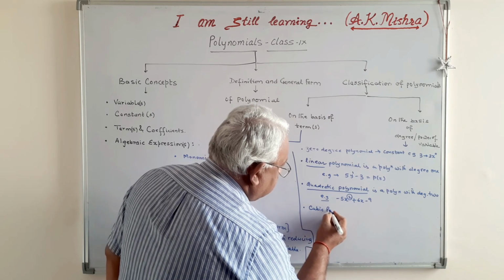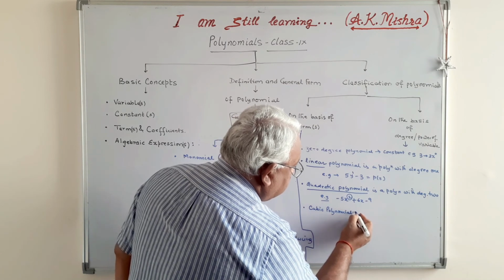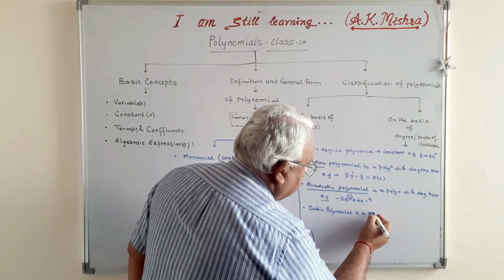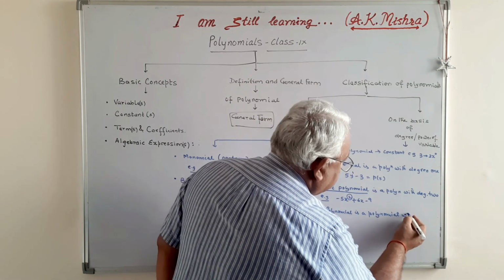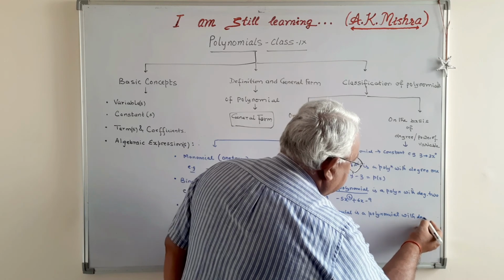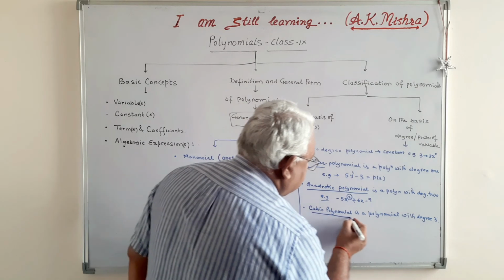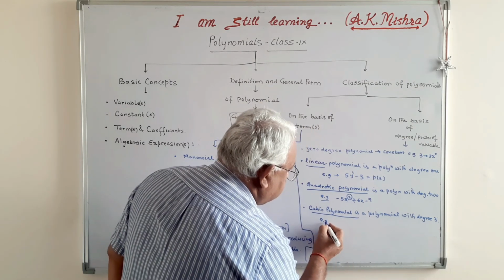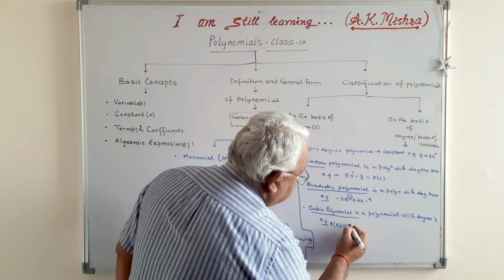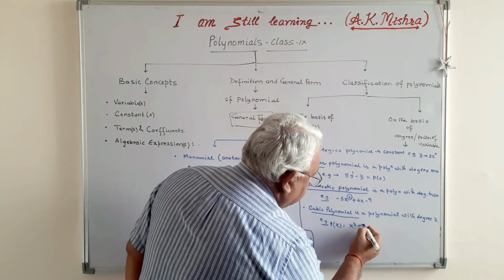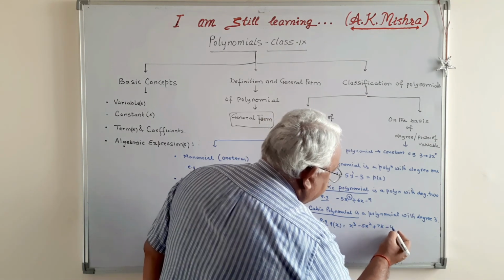Then comes cubic. A cubic polynomial is a polynomial with degree 3. For example, you have p(x) equal to x cube minus 5x square plus 7x minus 4.